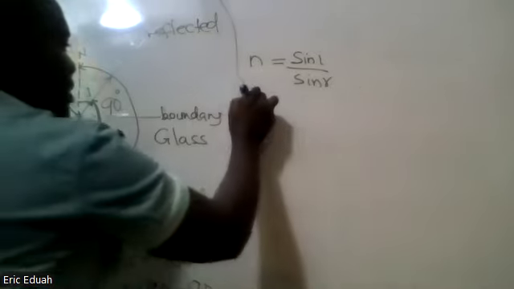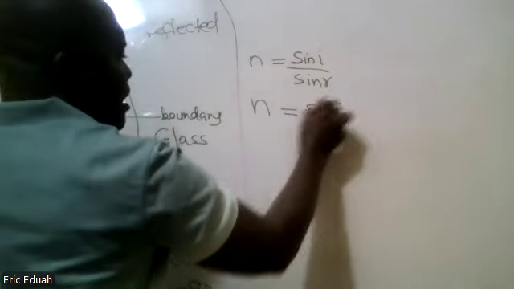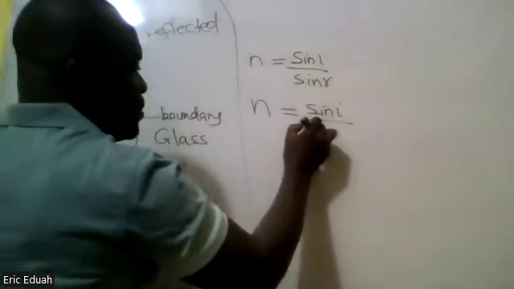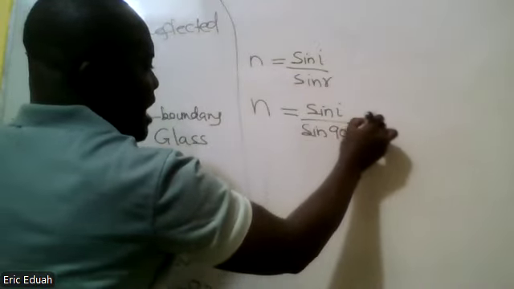And so we have the refractive index being equal to sine I over sine R, which is now 90 minus I. So sine of 90 minus I.